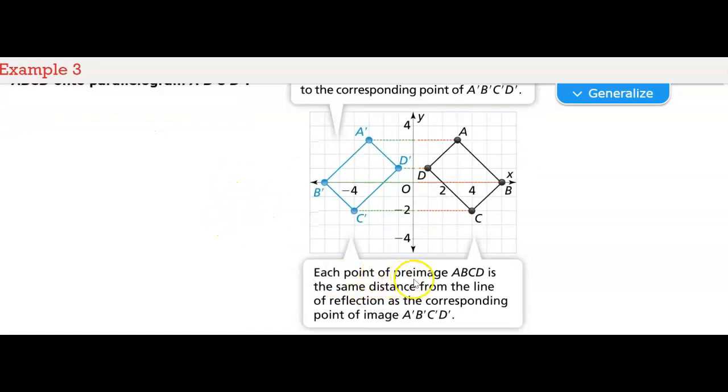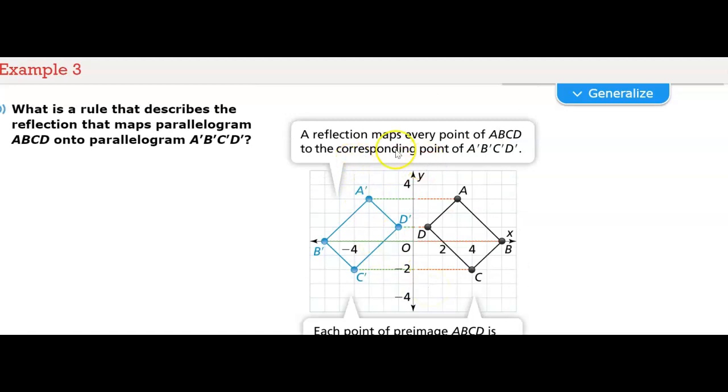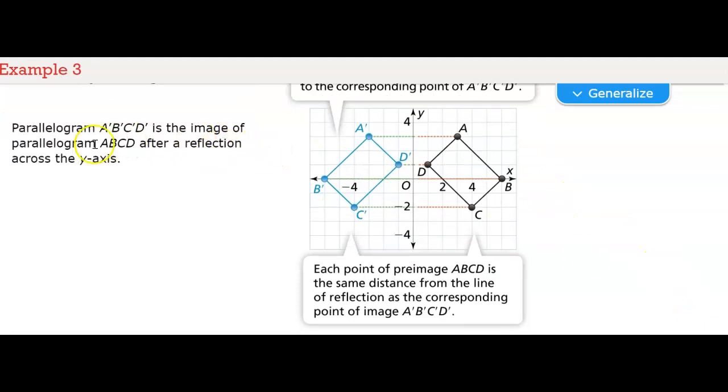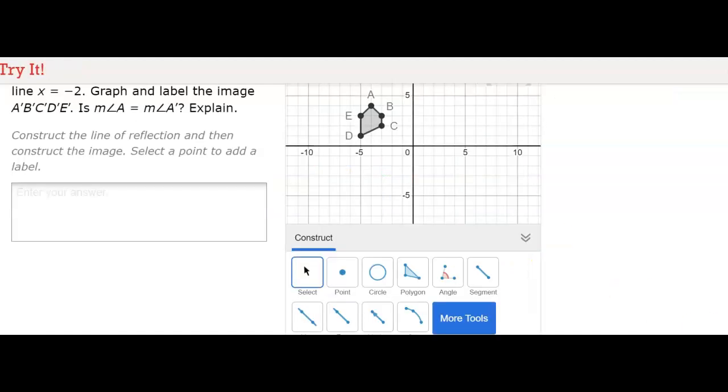Each point of the pre-image ABCD is the same distance from the line of reflection as the corresponding point of the image. So the parallelogram is reflected across the y-axis. If it's a piece of paper, you fold it, it should be the same.